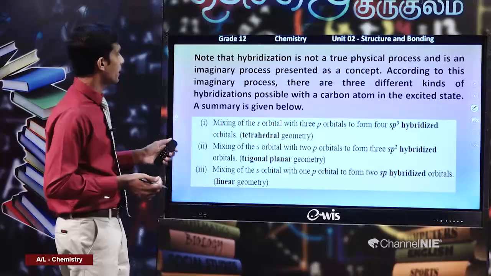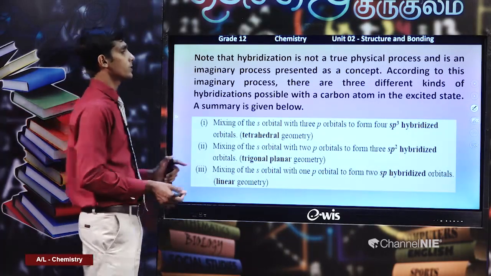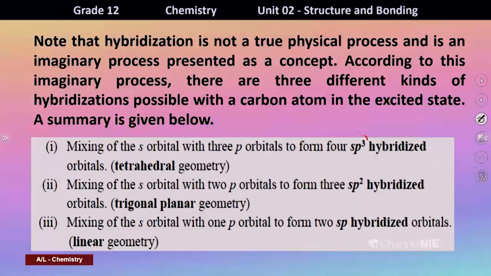So, mixing of the s orbital with 3 p orbitals to form 4 sp3 hybridized orbitals is called sp3 hybridization. These orbitals will arrange tetrahedrally. We will see the geometries.